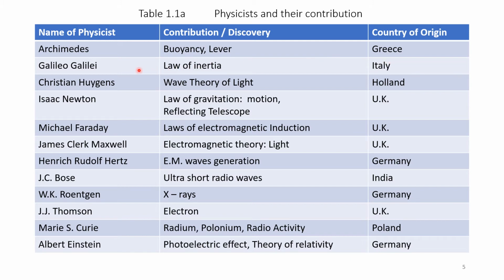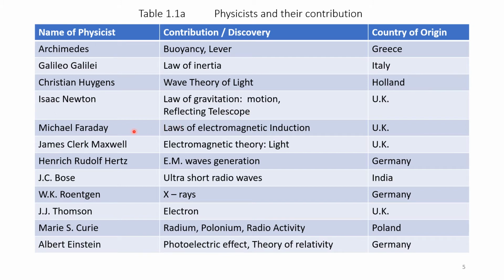Galileo Galilei gave the law of inertia and he belonged to Italy. Christian Huygens gave the wave theory of light. Isaac Newton gave the laws of gravitation, motion and the reflecting telescope.